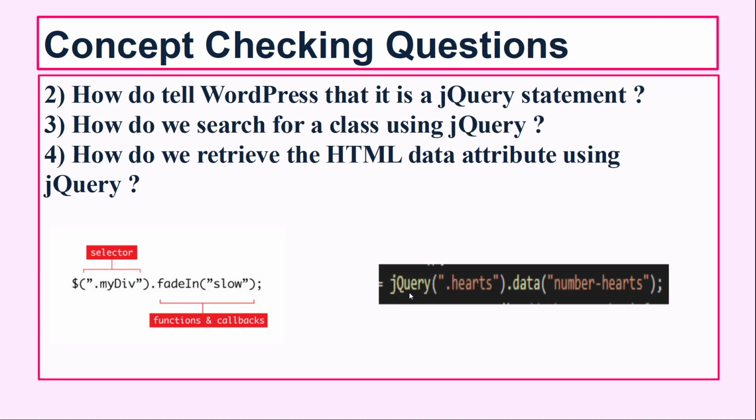But after that, it's the same. You have the selector. So here, it's the same as here. This is the hearts class that I've selected, and then you can do functions or callbacks. There are so many things that you can do. With mine, I just got the data from this data attribute, but there is a lot you can do.